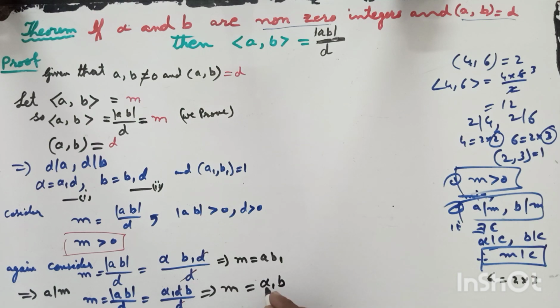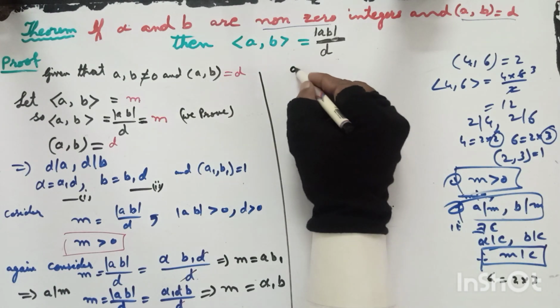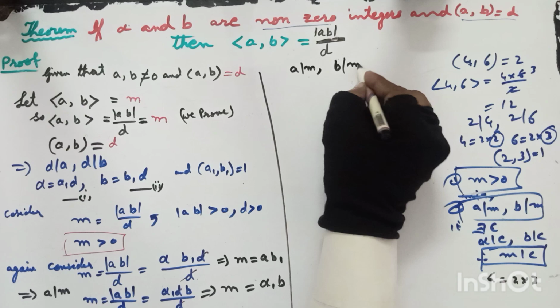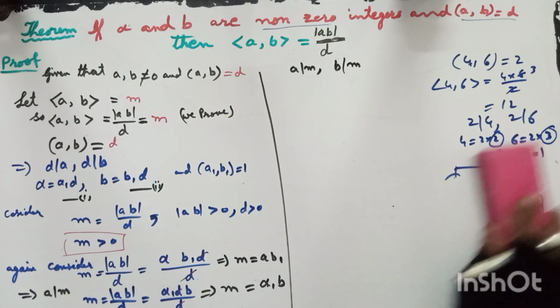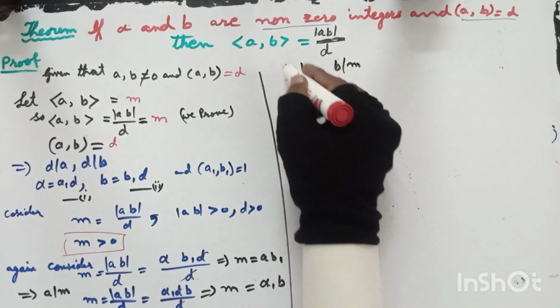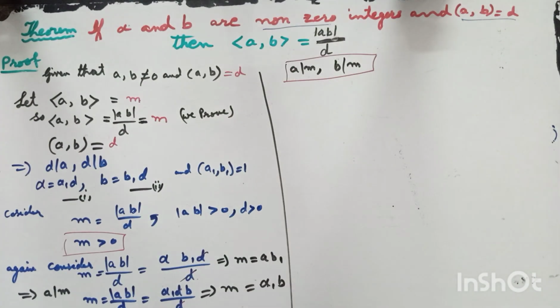This is a multiple and these are its two factors. This implies that b divides M. So we concluded that a divides M and b divides M. This is the second condition of LCM.